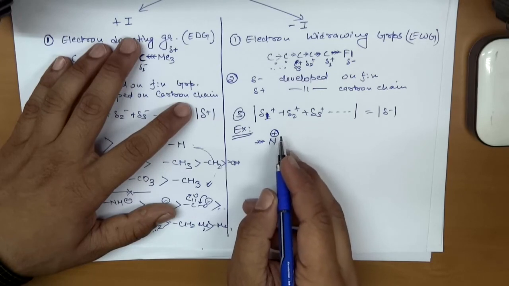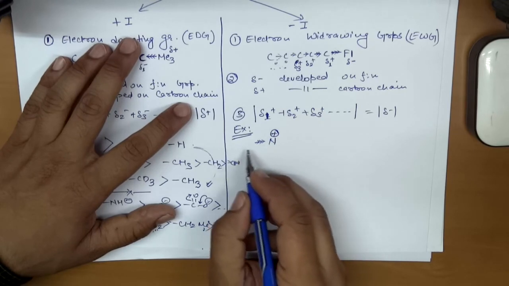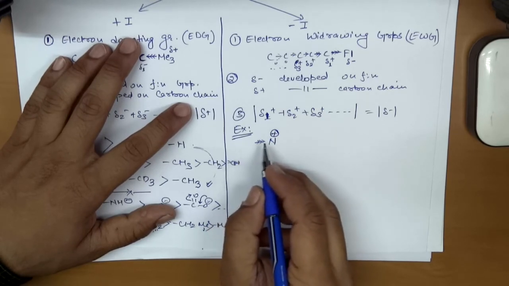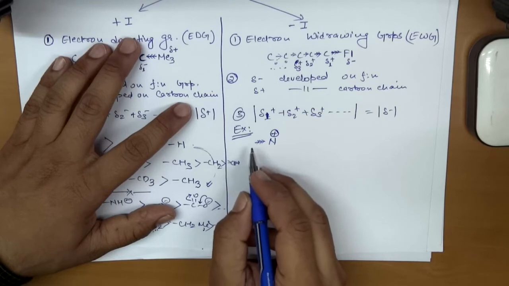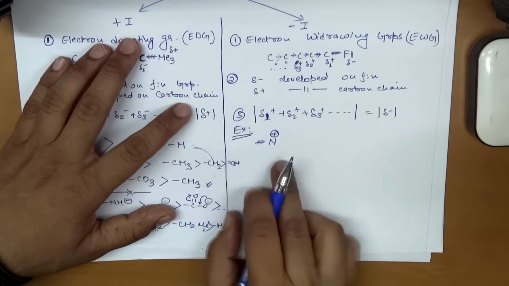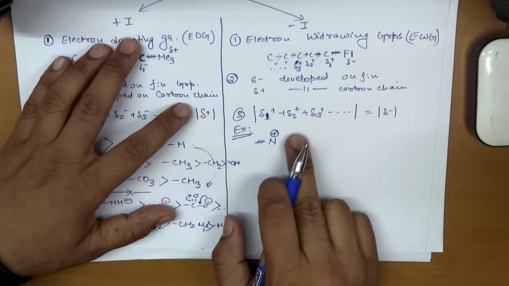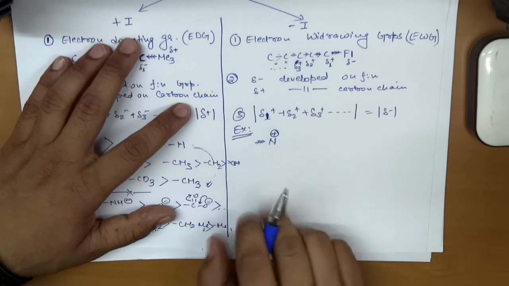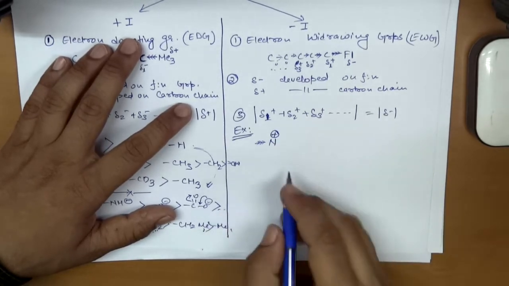As much as it hates positive charge, it requires lots of electrons from the carbon chain. And that's why N plus is the best electron withdrawing group in the entire world, the N plus compounds.